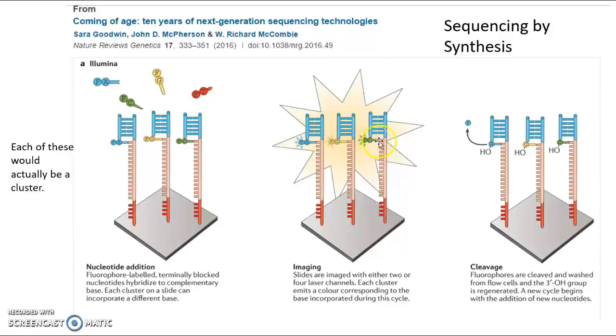Each of them would be added at exactly the same time, though, in a cycle of sequencing that's controlled temporally by the blocking group and the timing of the lights and the additions of nucleotides.